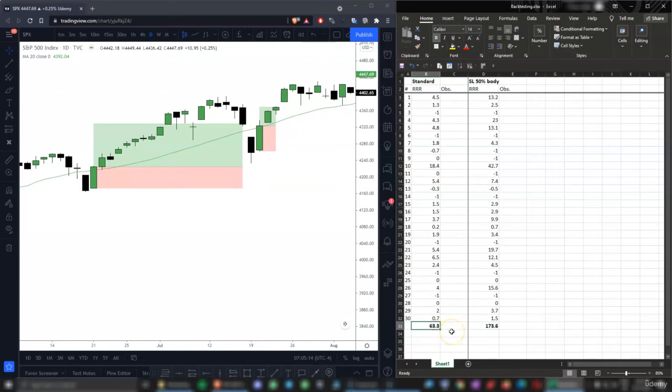So if 1 R, let's say, is 2% of your account, so if your account is $10,000, you risk 2% per trade, so that's $200. So 1 R is $200.